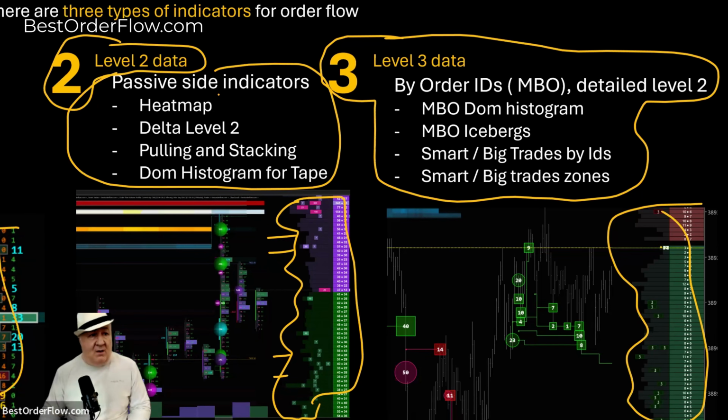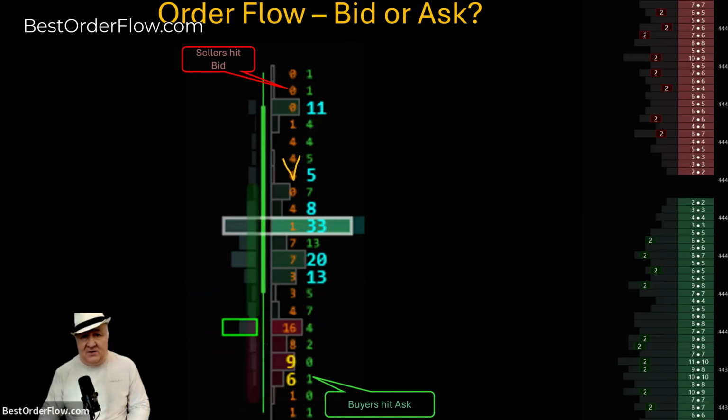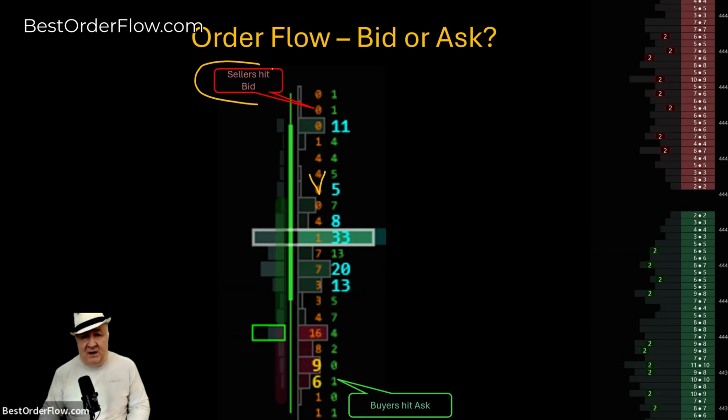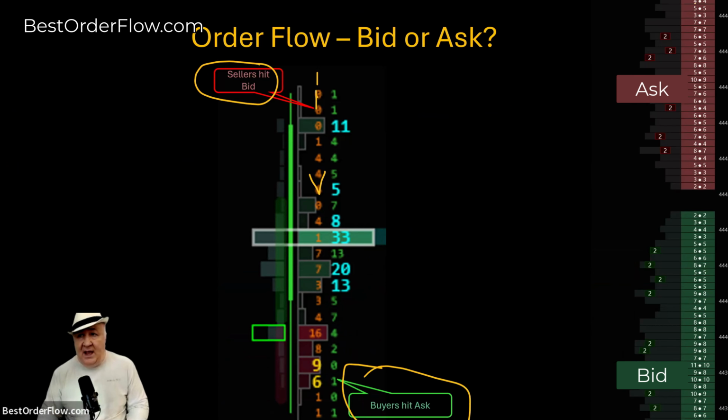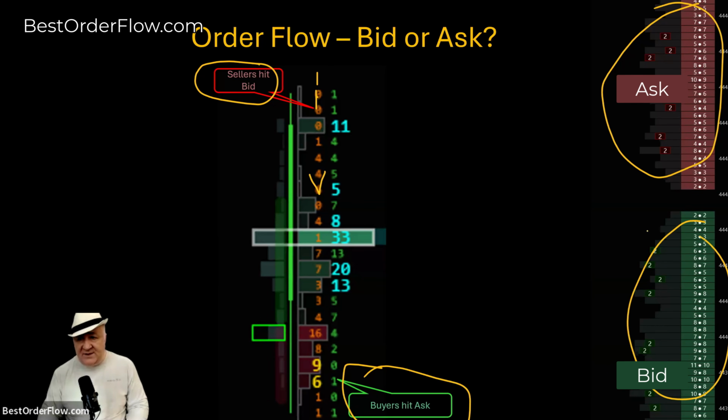Now, what are the other things we talk about? We talk about the bid and ask. The bid is red right here, right? But this is the bid, and this is the other side, and the matching of these orders happens this way.